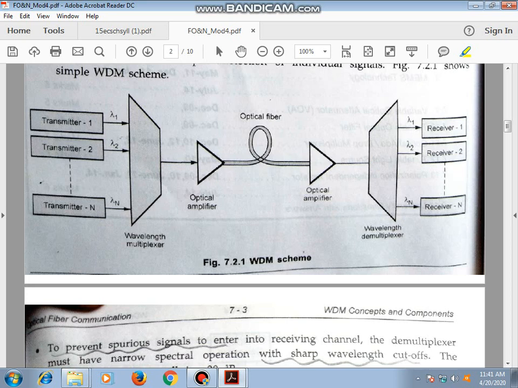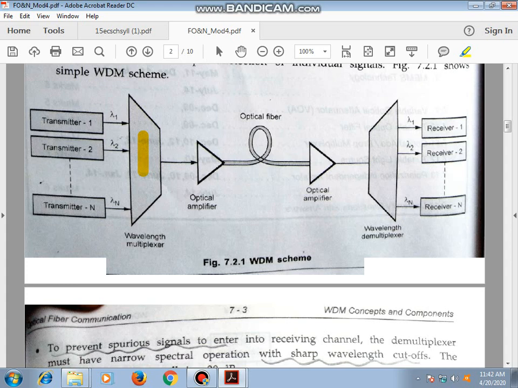In the transmitter section you can see this is the wavelength multiplexer. For this wavelength multiplexer you can have n number of transmitters. These n transmitters produce signals of different wavelengths and different data rates. All these signals are combined at the wavelength division multiplexer.